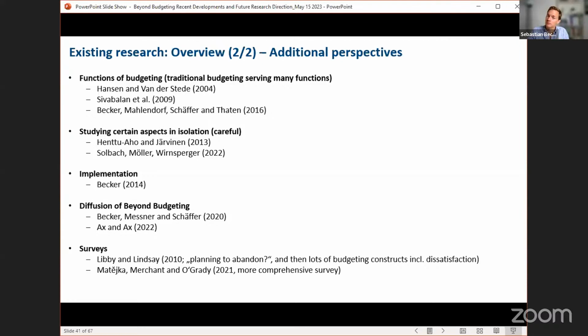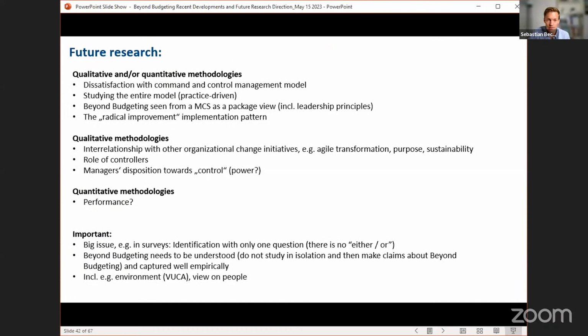So now there's a body of research really on beyond budgeting. So this domain of beyond budgeting is building up, but you can basically only do this type of research, or you can also add some more social theories to make sense of your findings. So maybe last slide on some additional future research before we have some more questions.